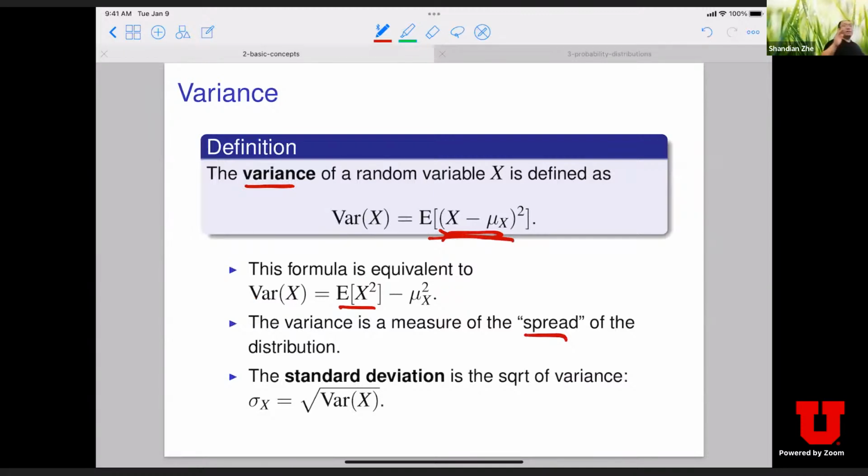And if its value most likely stays close to the mean, then the variance is small. So the variance is a very important metric to show the stableness of random events happening on the line.